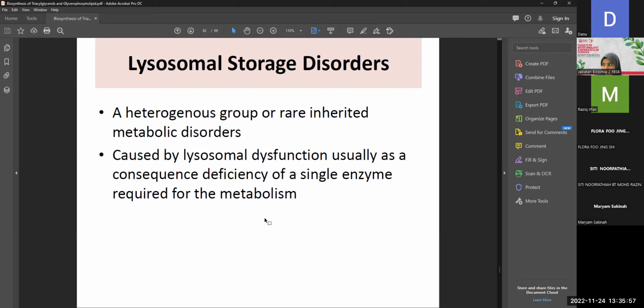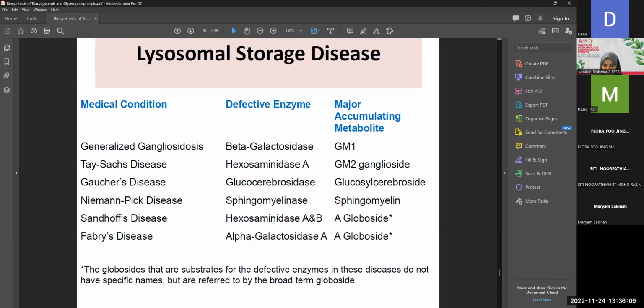It will tell us what the diseases and problems related to lysosomal storage disorder are.